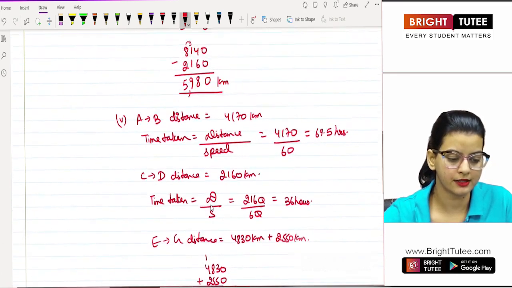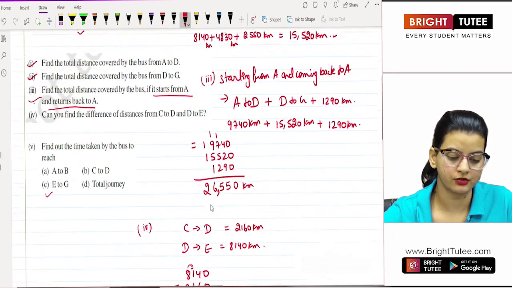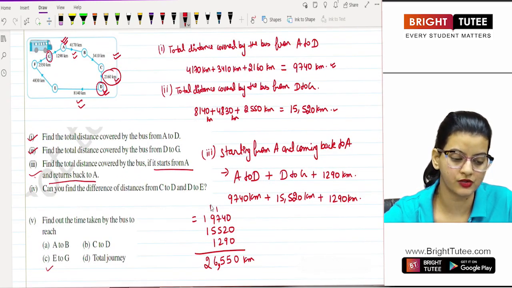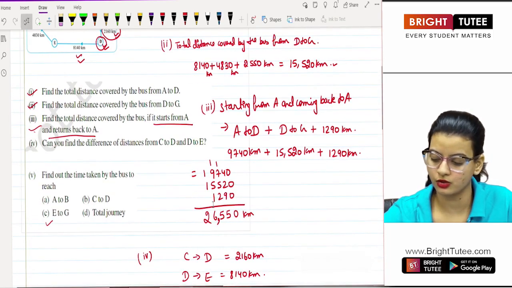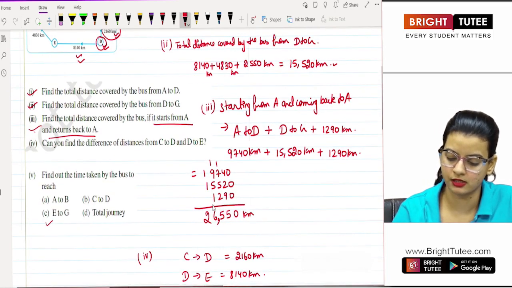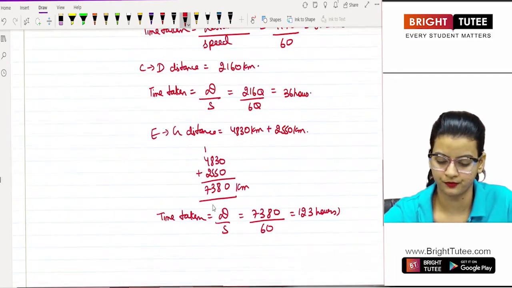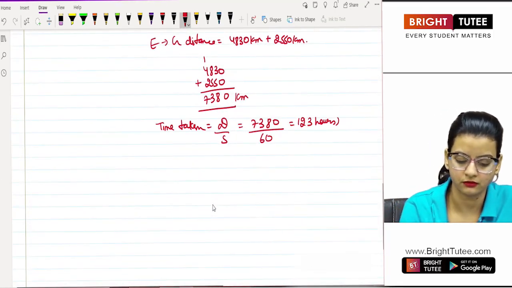Alright, and the last is total journey. We have to calculate the time taken for the total journey. So the total distance travelled is 26,550 kilometer.